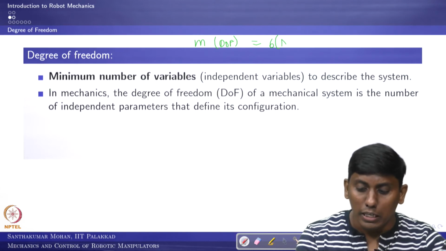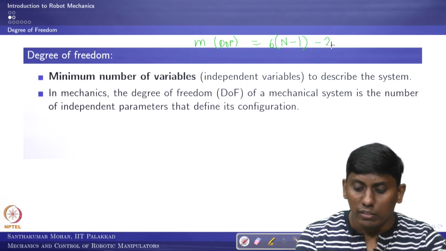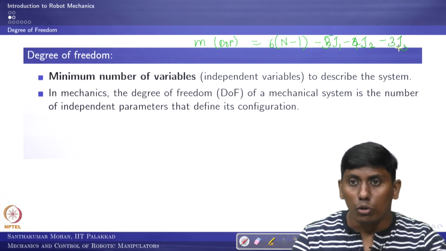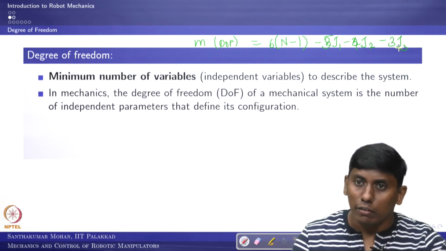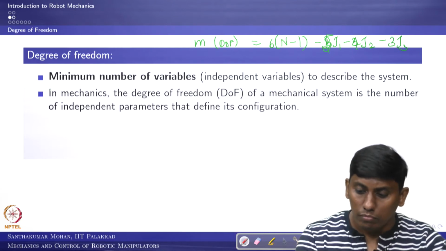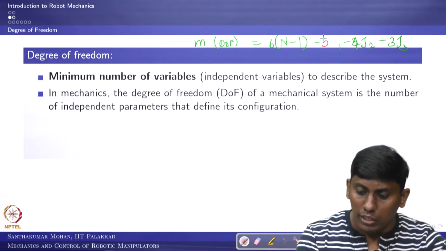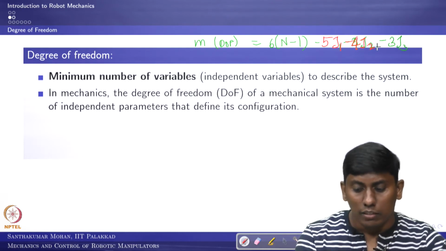It is in 3-dimensional space, so n is the number of bodies, J1 is the number of 1D joints, J2 is the number of 2 degrees of freedom joints, and J3 is the number of 3 degrees of freedom joints. In real there are no such 4 or 5 degree joints, so we can restrict this. This is 5, so 5 J1 minus 4 J2 minus 3 J3.